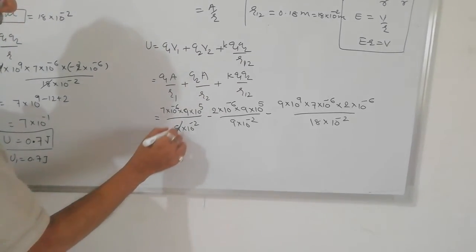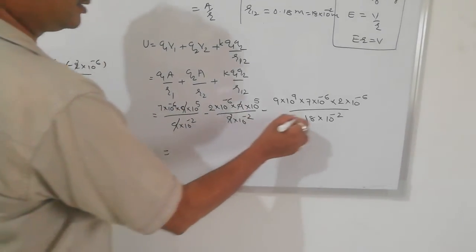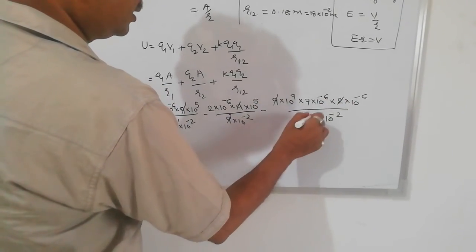So now the result: 9 and 9 cancel, 9 2s are 18 cancel.